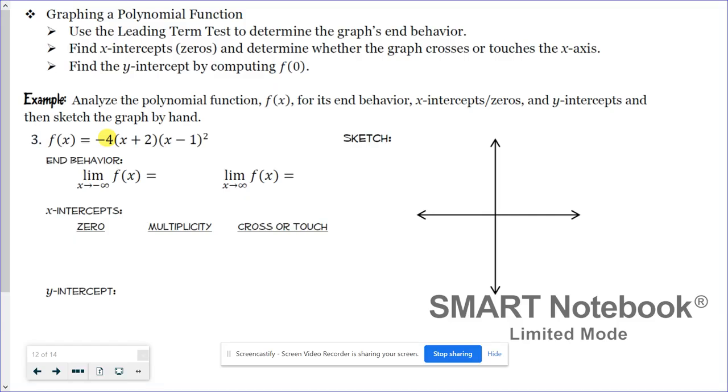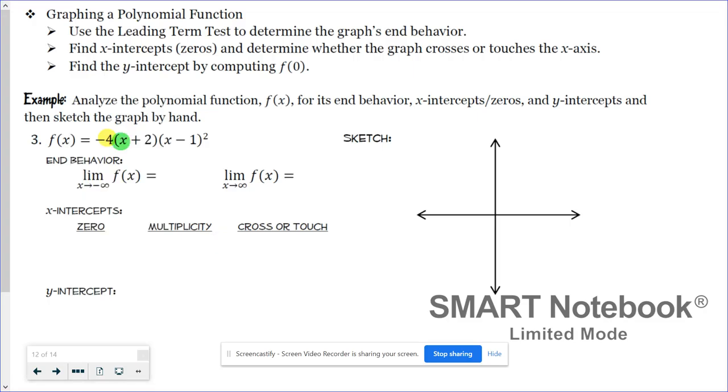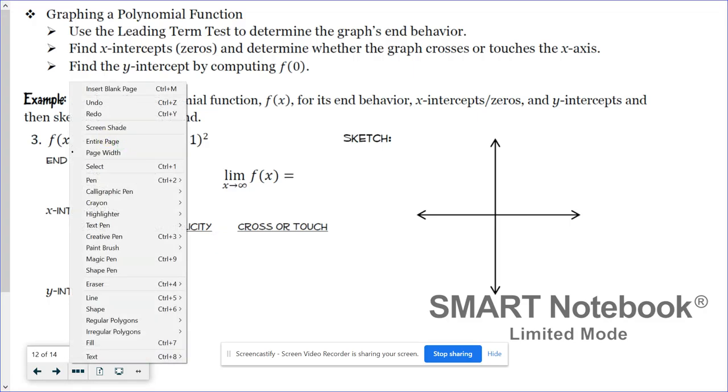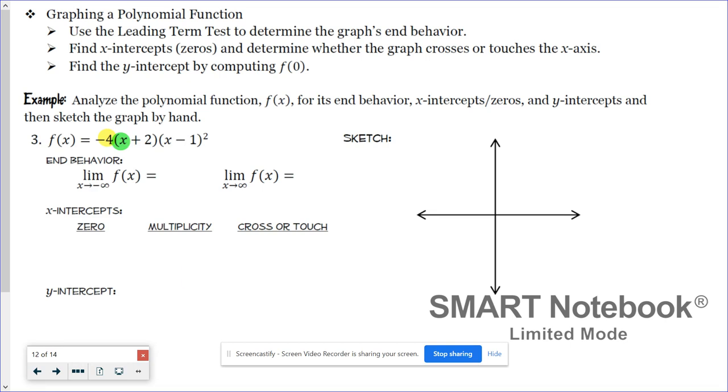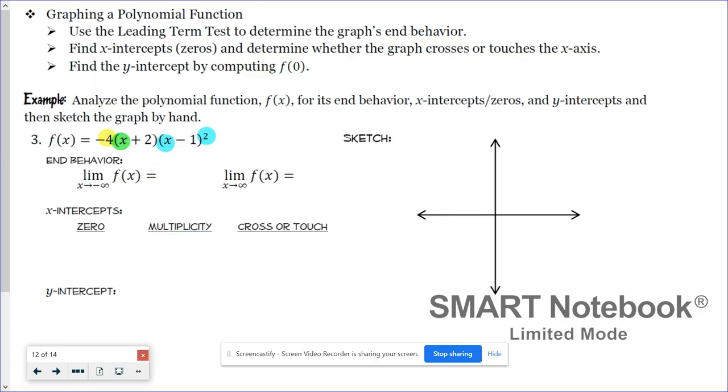The leading term of the first factor is -4. The leading term of the second factor is x. And the leading term of the third factor is x squared. So if I put all three leading terms together, what is negative 4 times x times x squared?